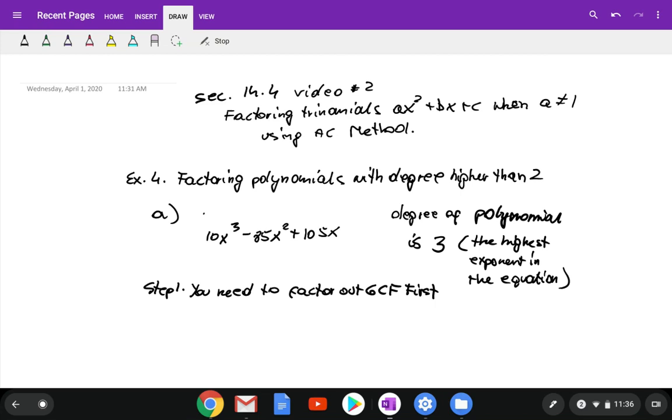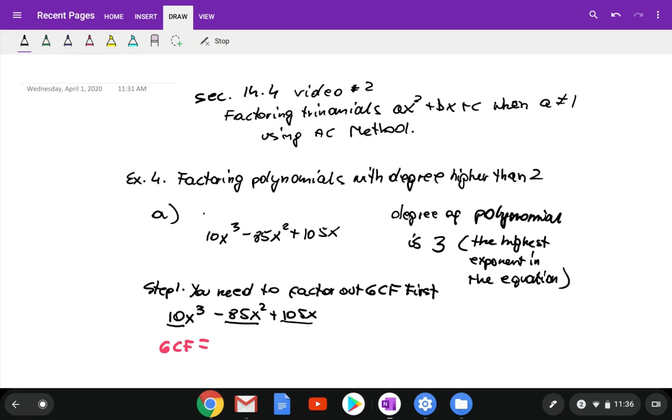So what is the GCF? We have 10x to the third minus 85x squared plus 105x. So you need to find that GCF. Let's find the GCF between the integers which we have: 10, 85, 105.